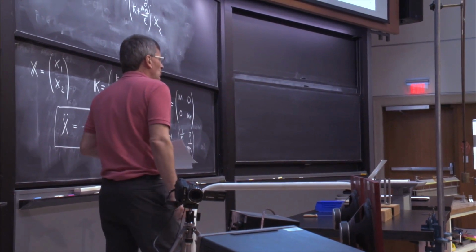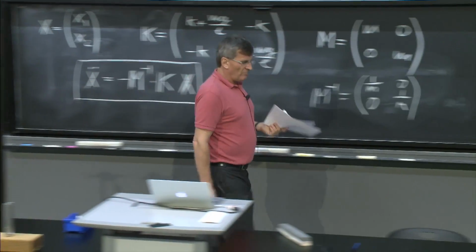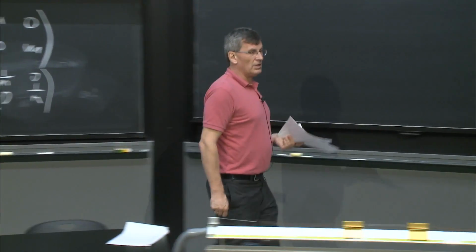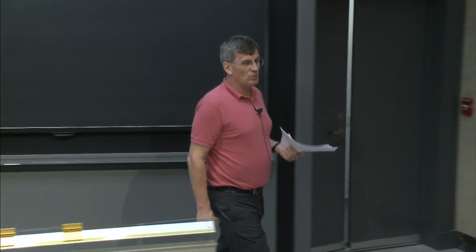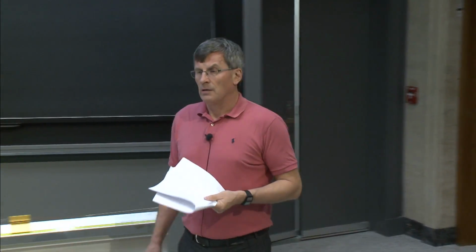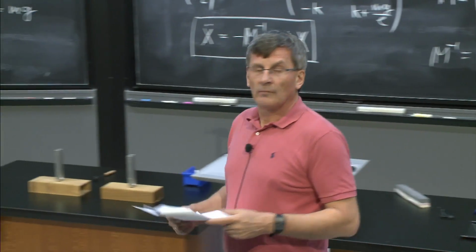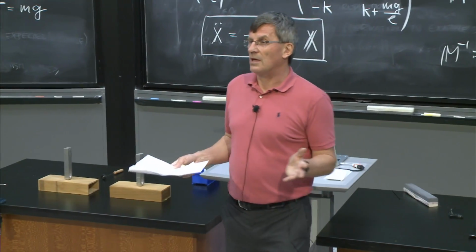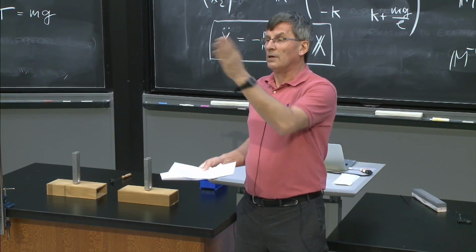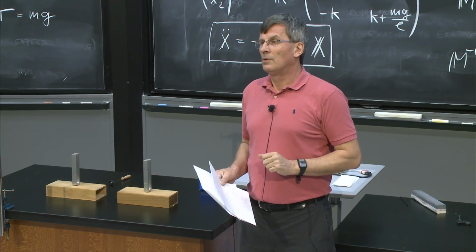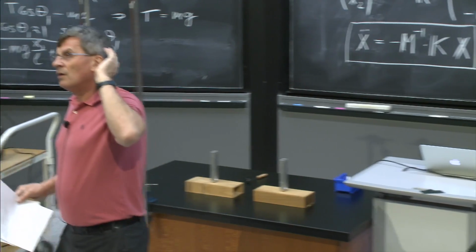So the question is, how do we find solutions to coupled oscillations? What is the most efficient way of finding the most general motion of a coupled system? Anybody knows? What's the first thing? Yes? Introduce complex excitation.